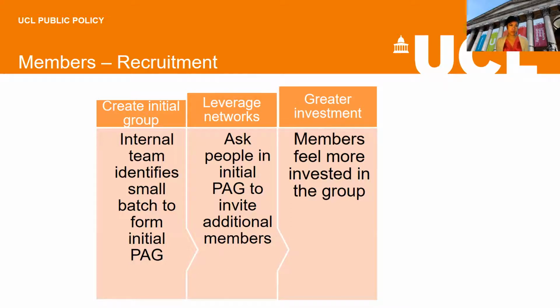Once the first 4 were in place, they leveraged their networks and asked them, who do you know, who do you think would be valuable additions to the team? And once those members identified those people, the second round of invitations went out. That way, the members felt more invested because they had a role in guiding the development of the advisory group. And it gave the internal team access to people that they probably wouldn't have had if they had made all of the invitations themselves.